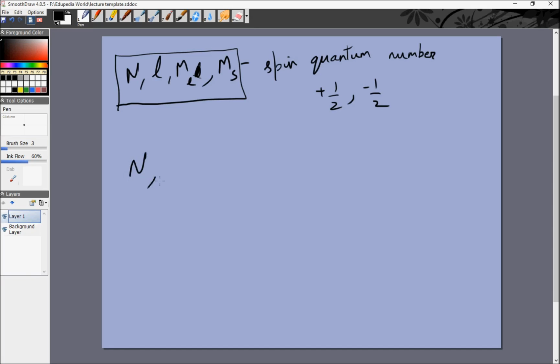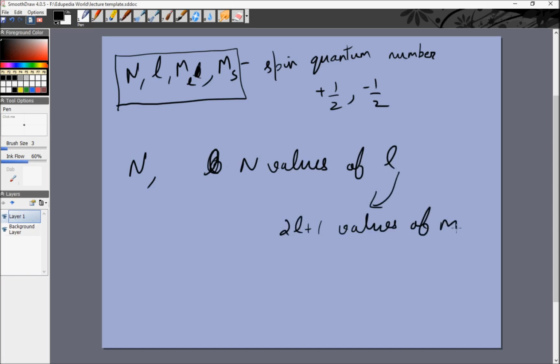For the nth shell, you can have n values of L. For each and every one of those values of L, you can have 2L plus 1 values of ML. And for each and every one of those values of ML, you can have two values of MS. Right?